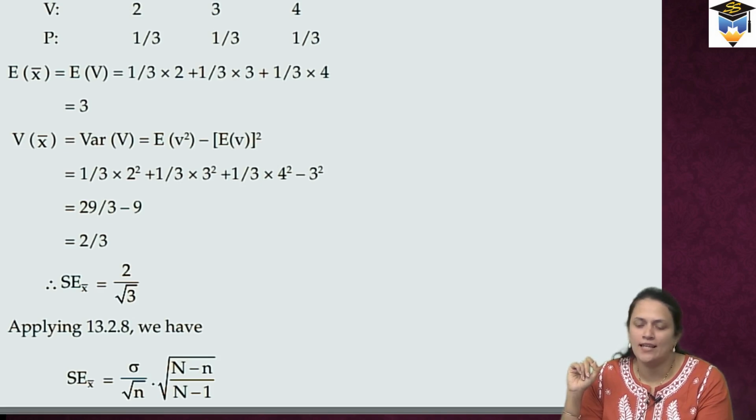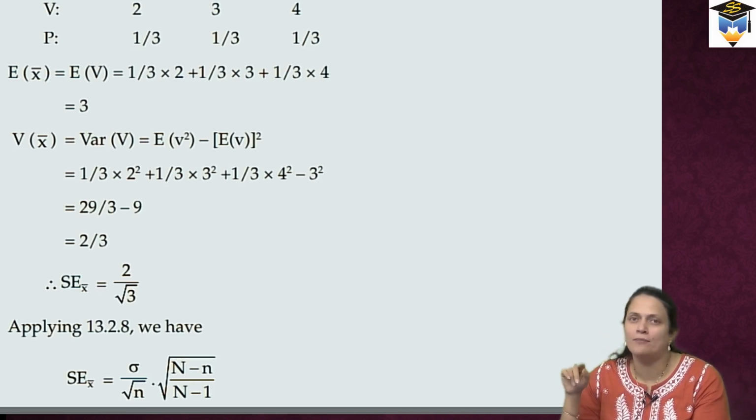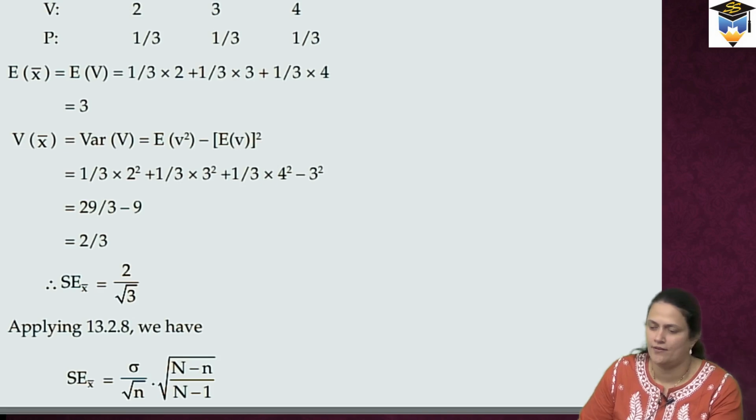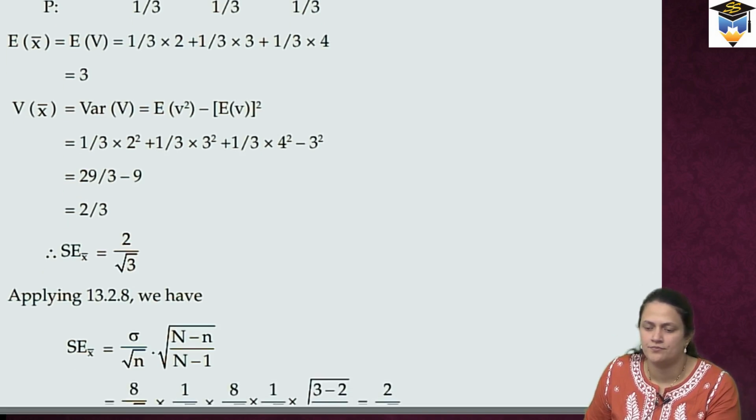SE of x is given by the formula sigma upon root n into square root of capital N minus small n upon capital N minus 1. Use the formula to find out SE of x.